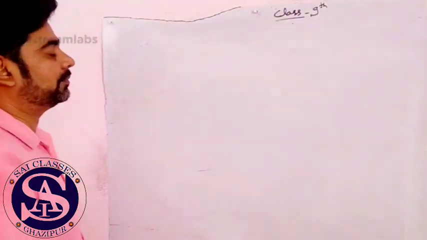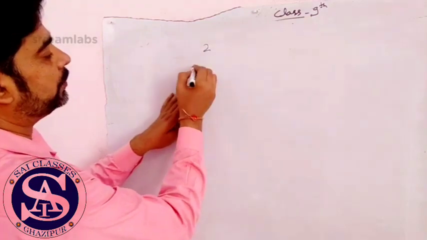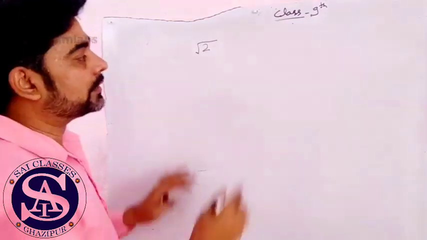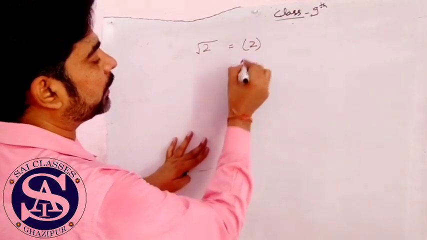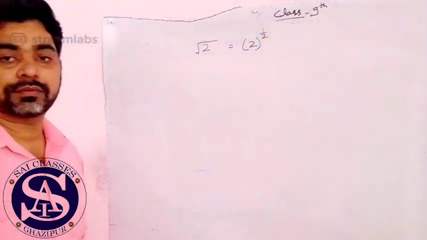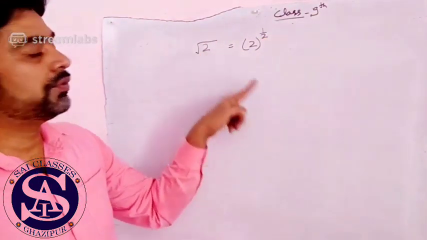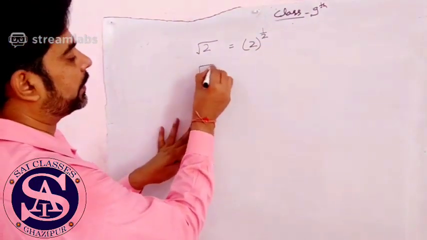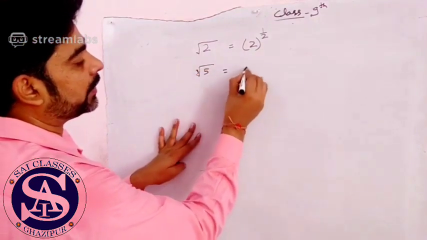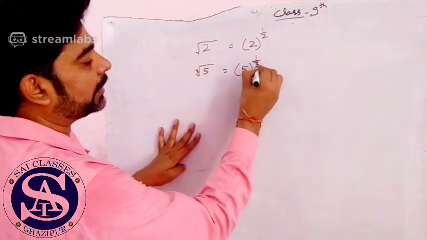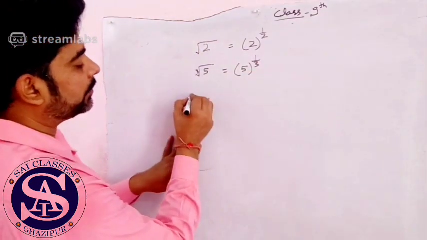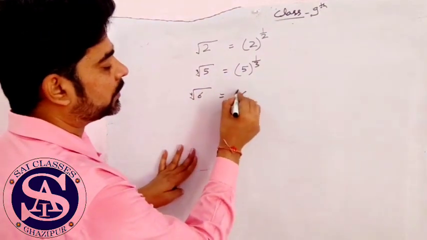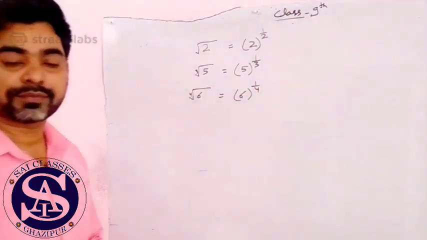Let's see one example. We can write square root 2 as 2 raised to 1 by 2. Same as cube root 5 can be written as 5 raised to 1 by 3. Similarly, fourth root of 6 can be written as 6 raised to 1 upon 4.